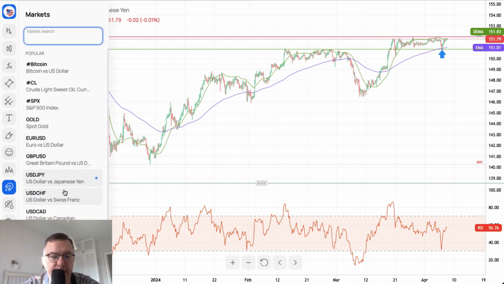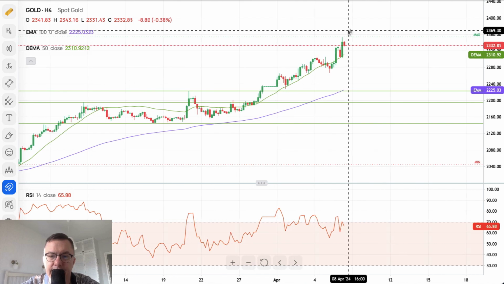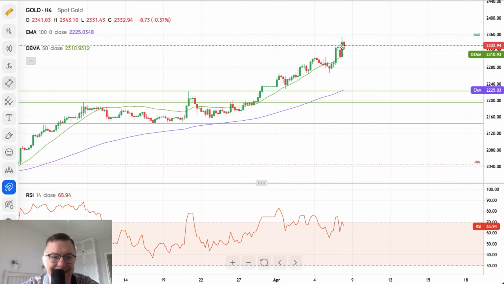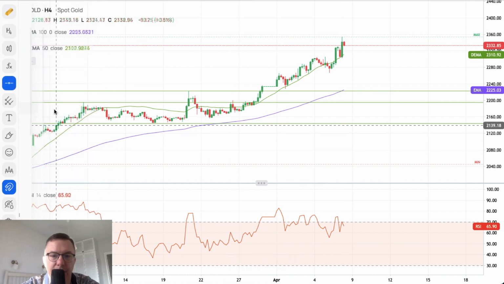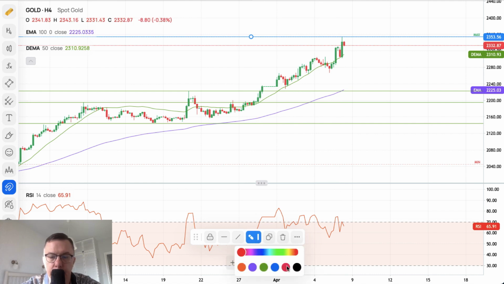Okay, so what else do we have here? We can take a look at the gold market, because it's rallying these days very nicely. $2,353 per ounce of gold. This is the latest all-time high, swing high, quarterly high, whatever for now.